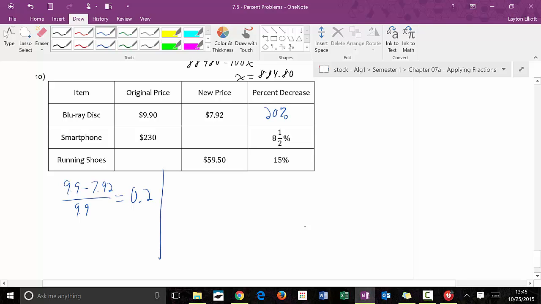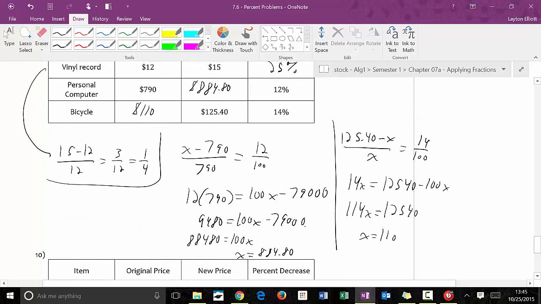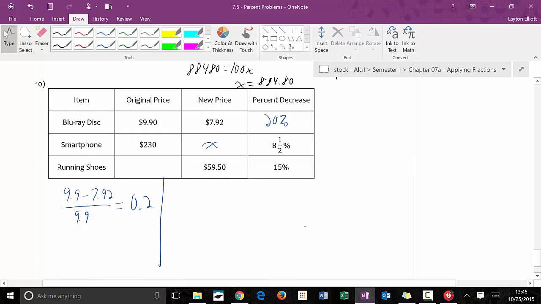Then we've got the next one. I'm going to call the new price X. And so my smartphone, it's a percent decrease, so I'm going 230 minus X, because big minus small, over the original is 230. And then that's 8.5%, which is the same as 0.085. But actually I'm going to put 8.5 over 100. That might be easier, because that's how we've been doing it with the ratio.